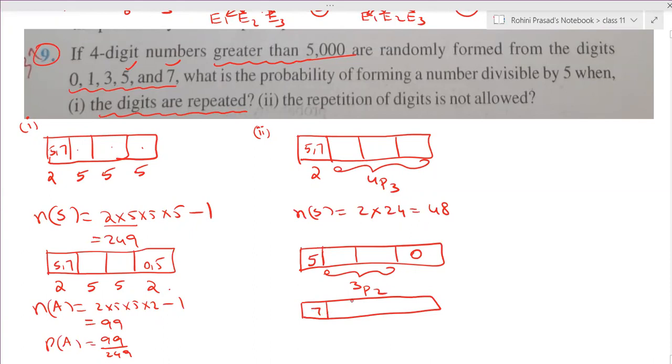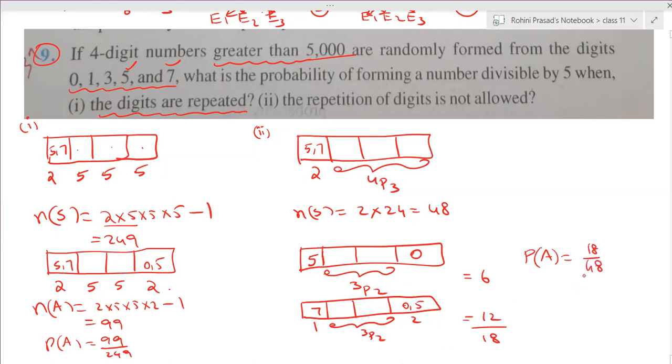Case 2 when you're beginning with 7. Why? When you're beginning with 7, you'll have 2 possibilities for the last place, 0 or 5. But still the middle one is 3P2 only. So this is 3P2, which is 3 factorial, 3 into 2, 6. And this is 6 into 2, 12. Total 18. So the probability of A in this case is 18 by 48.